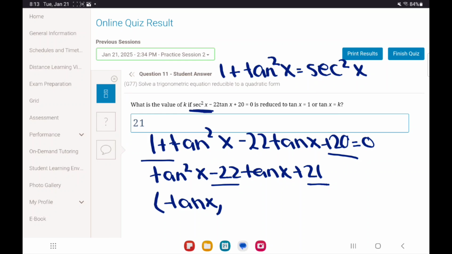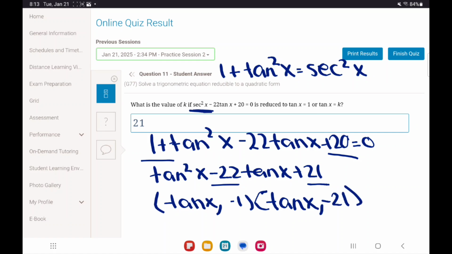And minus 21 and minus 1 add together, so it becomes minus 22. So it's tan x minus 1 and tan x minus 21.